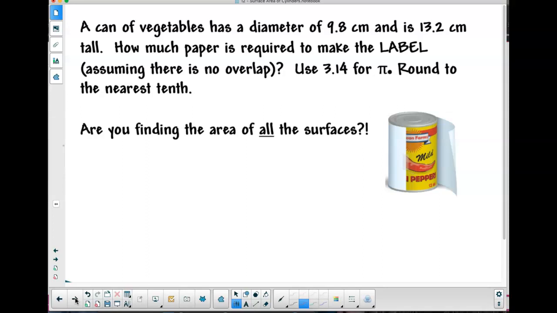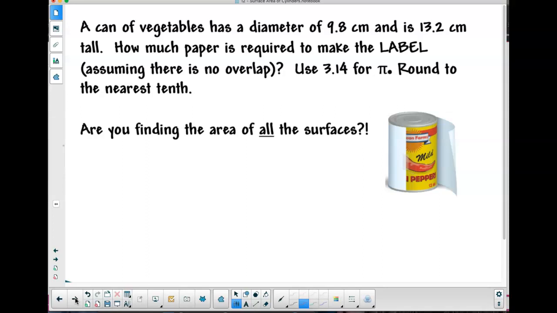The label on a can. Does the label on a can cover everywhere? When you buy a can of vegetables, is there a label on the top? Sometimes there's a sticker on the top, but there's usually not a label on the top or the bottom, right? The label only covers the rectangle.